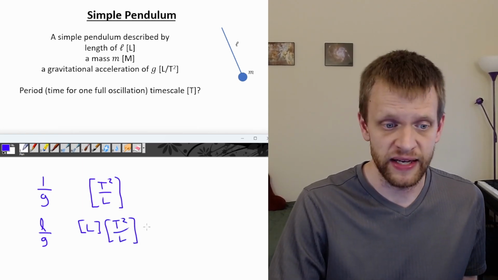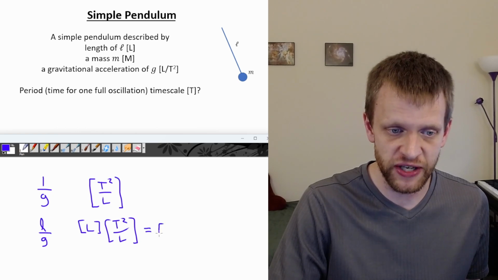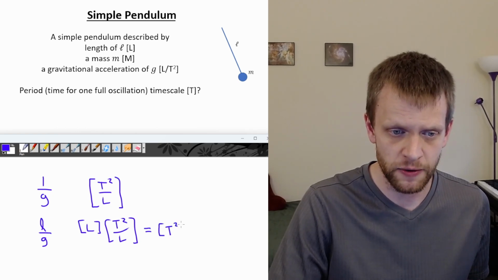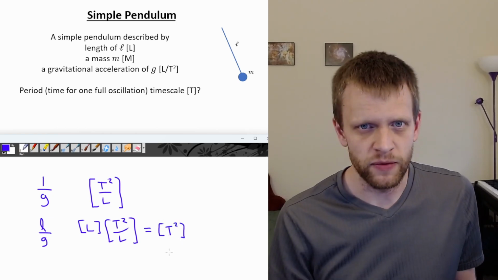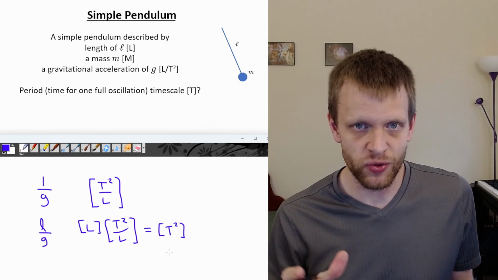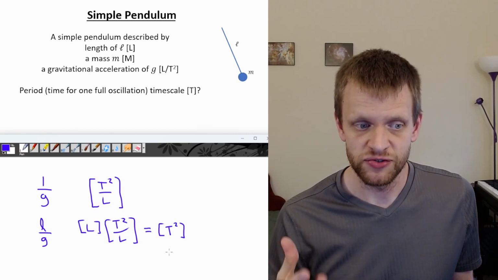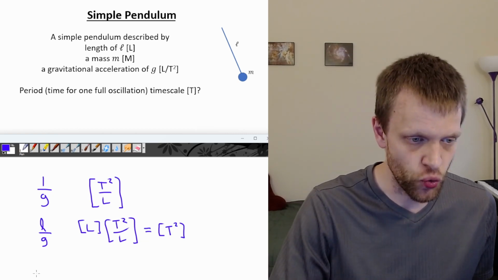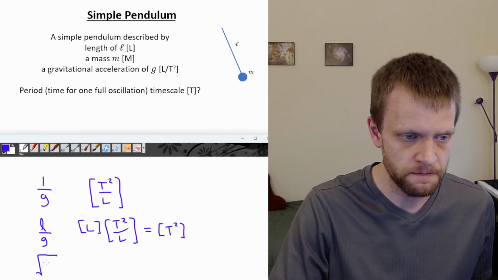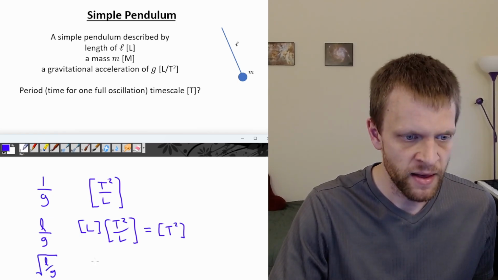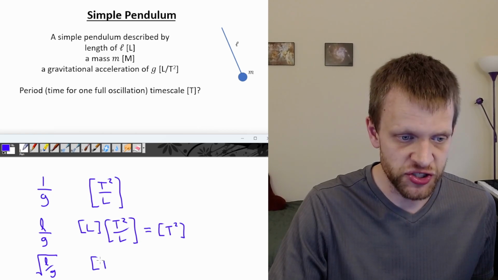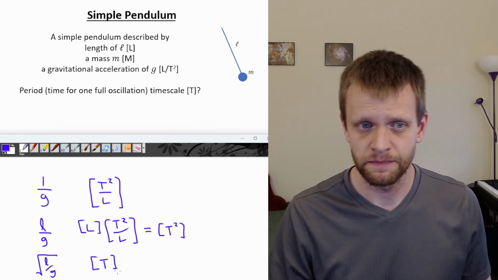So notice that the length cancels out, and this just gives us units of time squared. But we don't want time squared for this period, we just want time. So let's take the square root of this quantity, and that will just give us units of time.